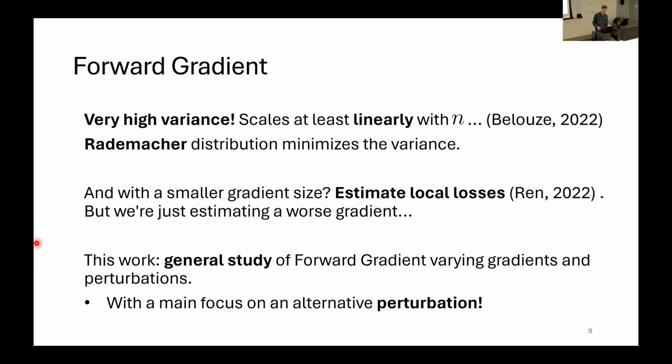There have been attempts to, rather than estimating the entirety of your loss, just estimate a local loss. The point is that you use fewer parameters, so you're estimating a smaller gradient and the variance is lower. But at this point, you're just trying to estimate a worse gradient, so it doesn't really seem interesting.